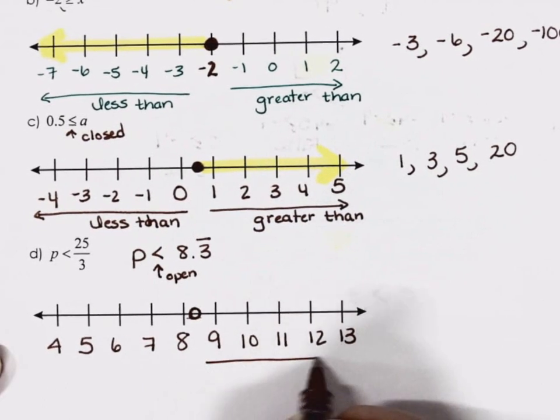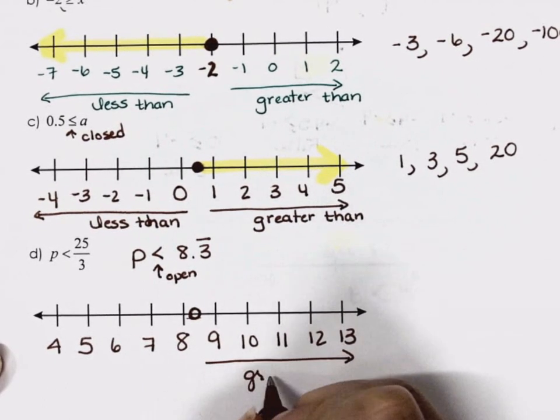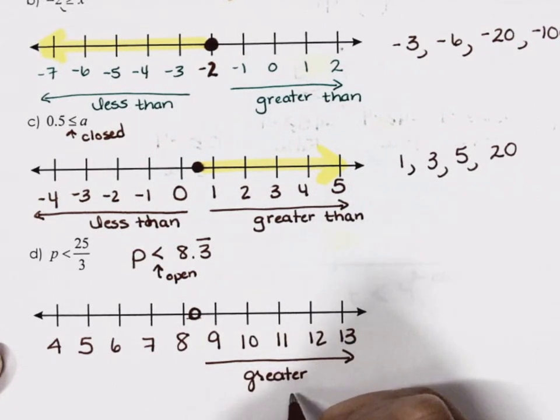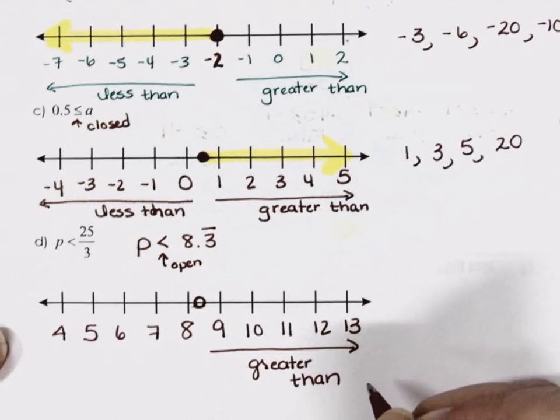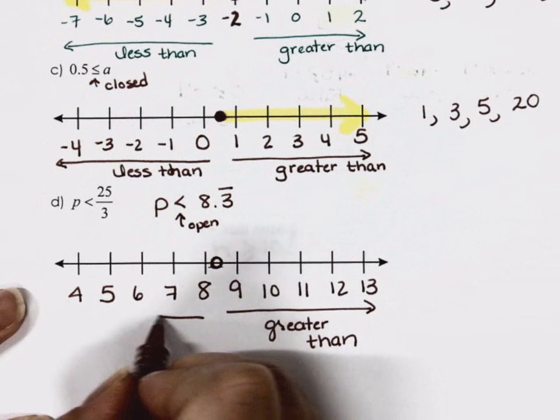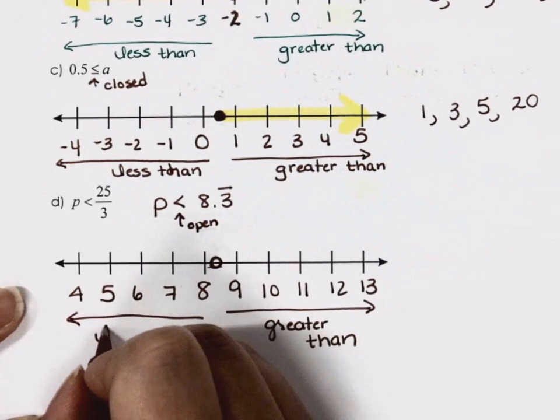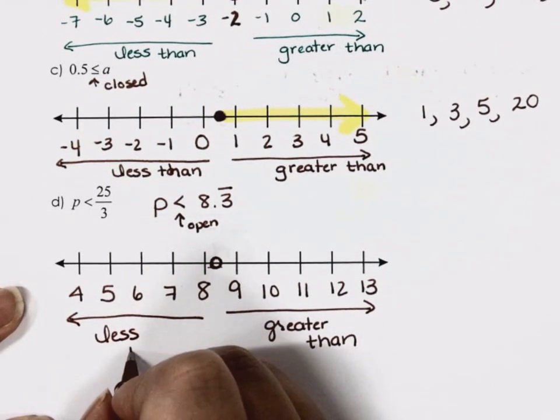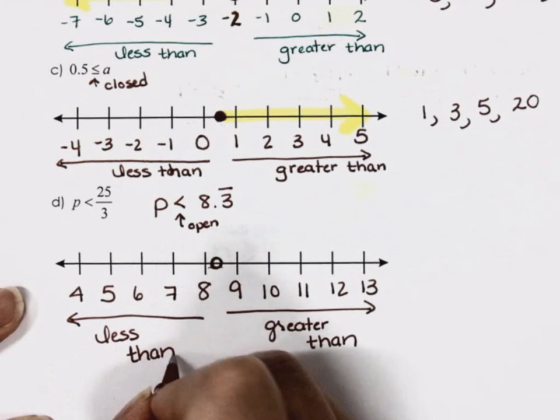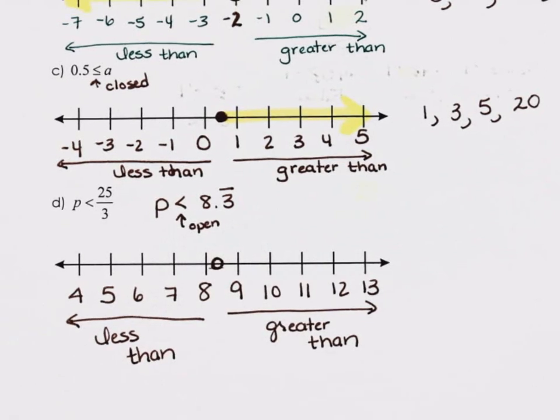So I know that these numbers are greater than, and I know that these numbers are less than. Which way does my arrow go on the line?